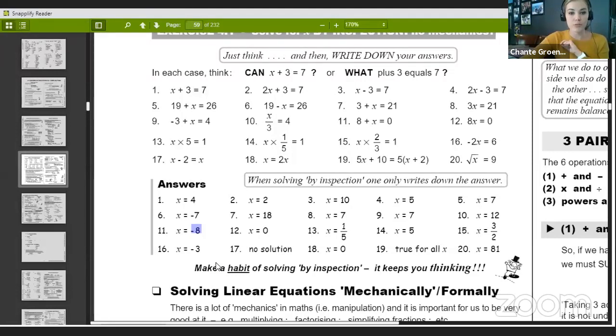Okay. Let's quickly look at the chat box. How did it go? Good. Okay. Did you guys struggle with something?